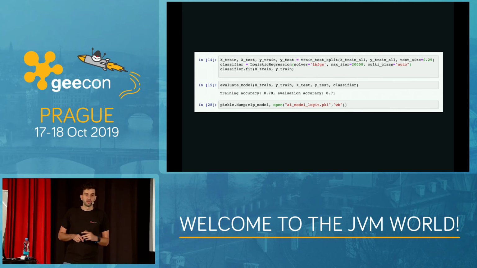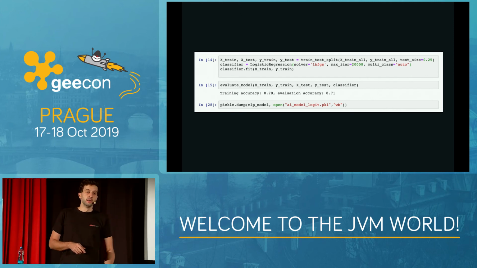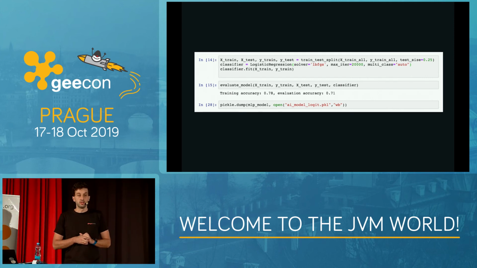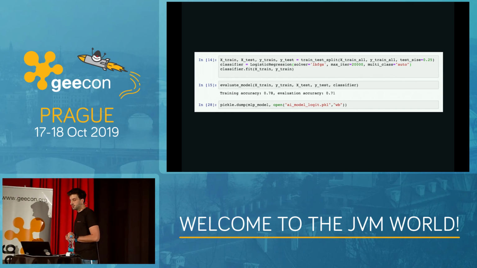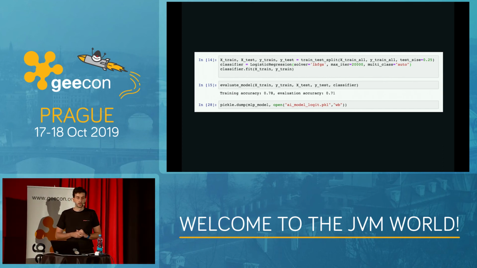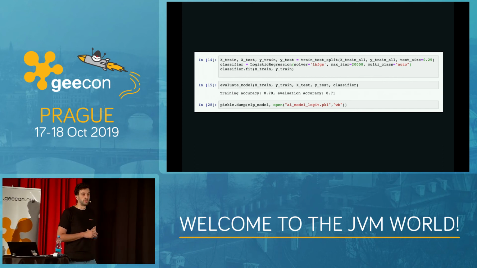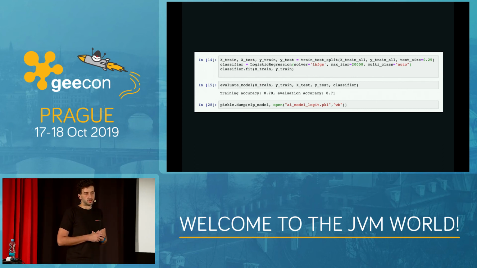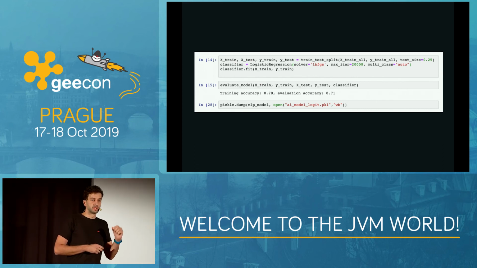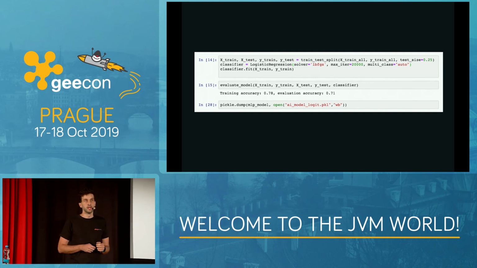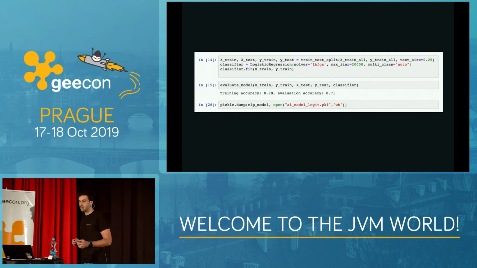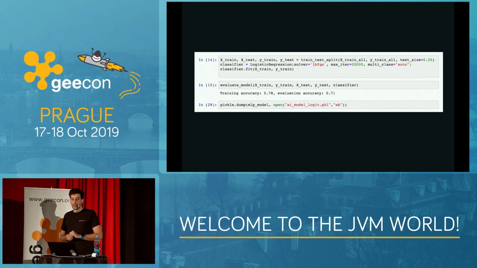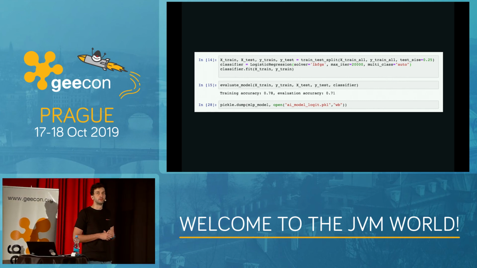And the whole training is classifier.fit, so it's not a very sophisticated thing also. Then we are evaluating the model, and the classical measure used to evaluate how good the classification is is the accuracy. So on the training set we have 78%, and on the test set we have 71%.